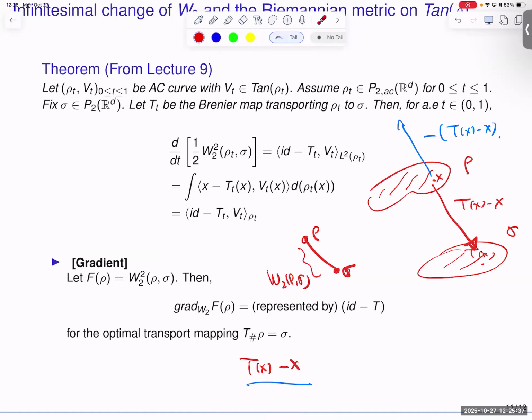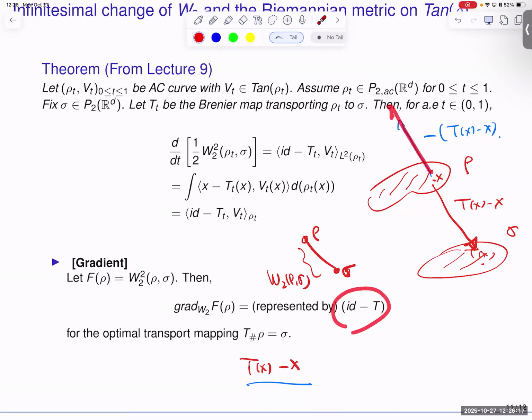It is similar to the usual Euclidean picture. If you have a fixed point sigma here, and you consider the distance squared, then the gradient of the distance squared at this point has the opposite direction from sigma, and the size is the same as the length of this distance in the Euclidean case. This result just generalizes that: you have the direction opposite to T(x) minus x.